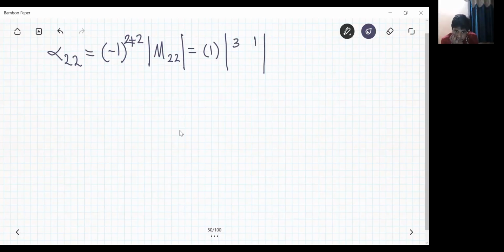Now this into this is minus 3, then minus of this into this, which is minus 1, so that means plus 1. Minus 3 plus 1, the answer will become minus 2, because outside there is a plus 1. Yes, sir. So like that you find alpha 2 3.